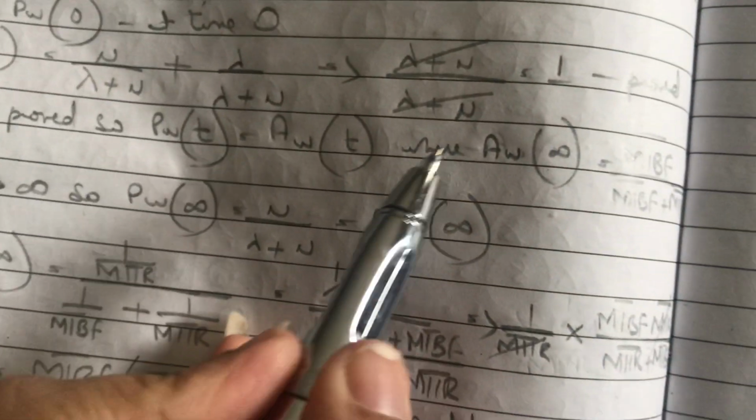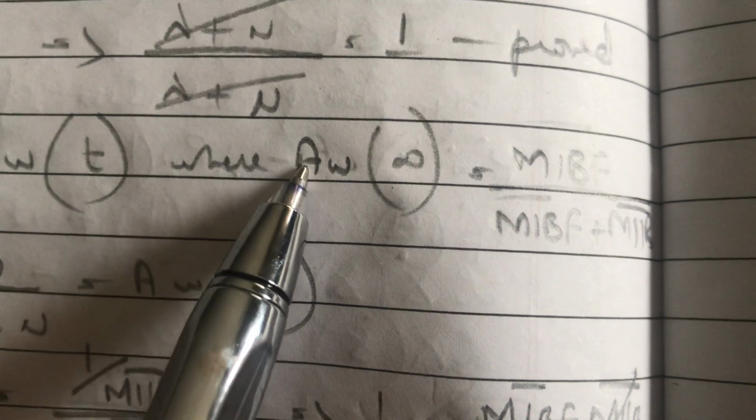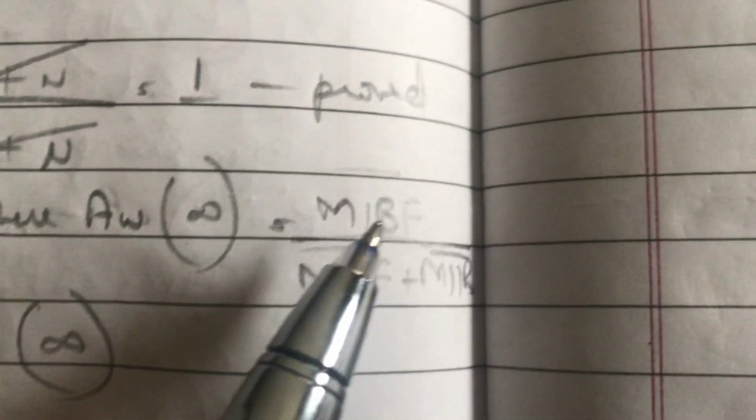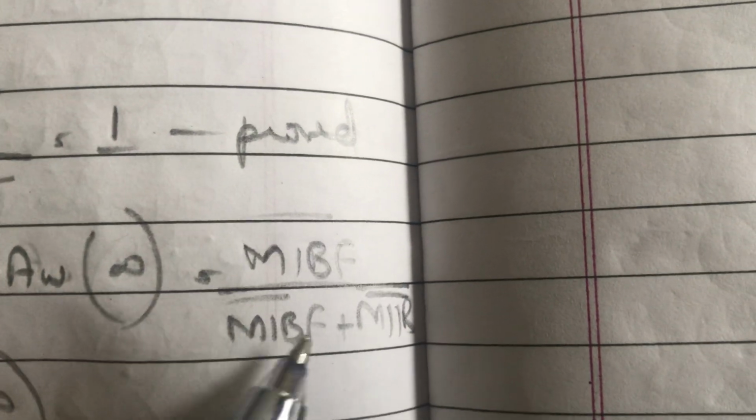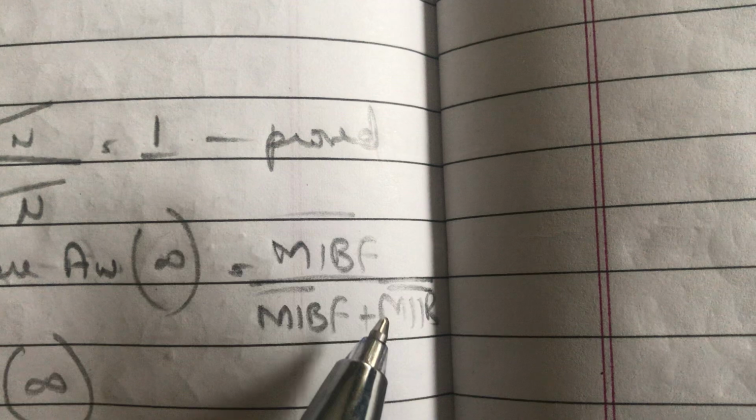Now we would be talking about, remember what is availability? Steady state availability. As we know, the steady state availability at infinity, A infinity, is MTBF over MTBF plus MTTR. I told you that before, at the start of this lecture.